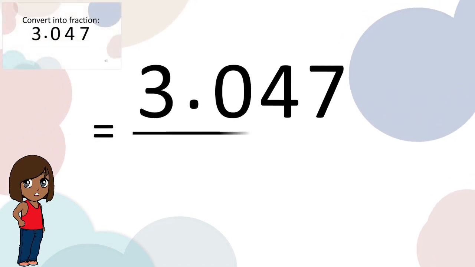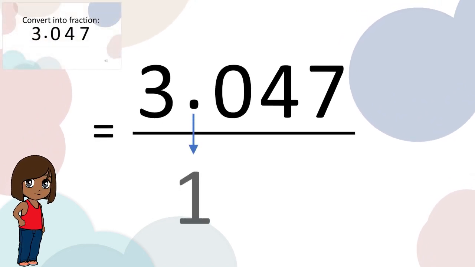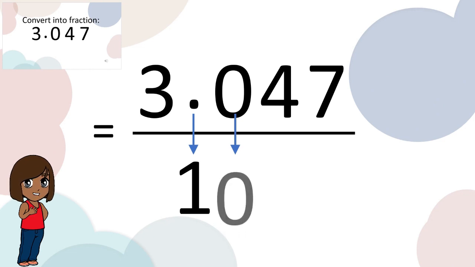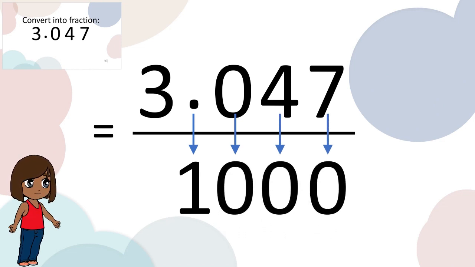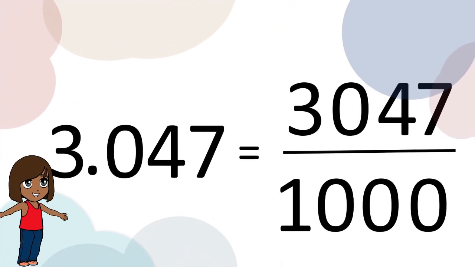For denominator, put a 1 below the decimal, a 0 below each number after the decimal. You have the denominator as 1000. Drop the decimal, and you get the numerator 3047. So we have 3.047 equals 3047 by 1000.